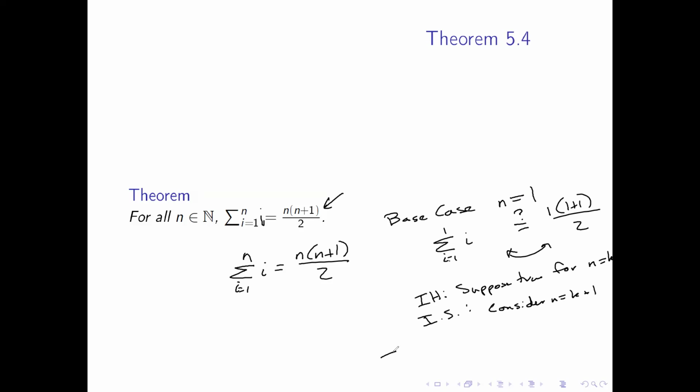In other words, you're going to look at the summation of i equals 1 to k plus 1 of i. And the question is, does this equal, after a whole bunch of gibberish, k plus 1 times k plus 2 over 2? You have to figure out what that gibberish in the middle is that lets you bridge this gap. So this is the first induction problem that I want you to work on.